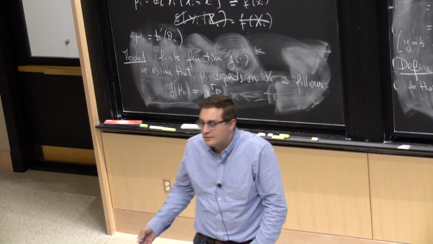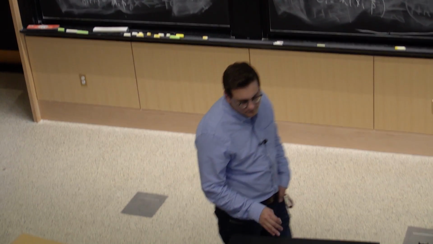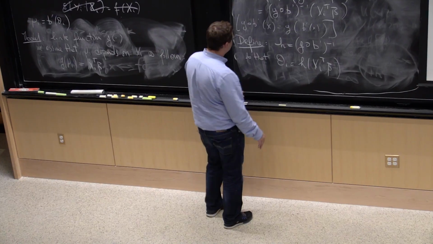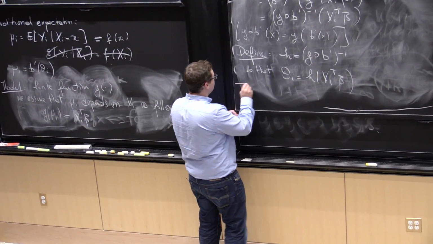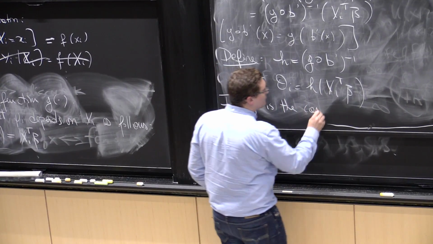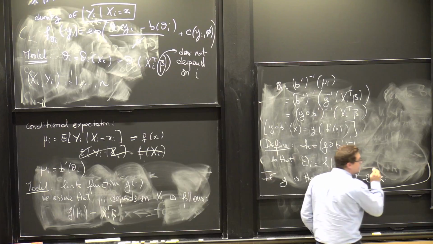Let's just call it the h function. There's something nice about this h function if g is the canonical link. What is the canonical link?